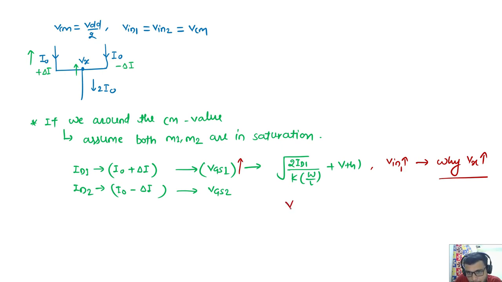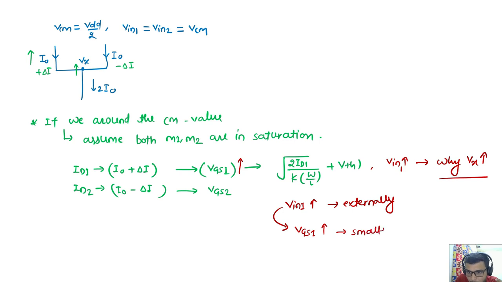If we are increasing input Vin1 externally, and we look at the effect due to that increase, ID1 is increasing. Vin1 incrementing externally is the cause, and if we look at the effect, Vx is also increasing, but this increment is small.